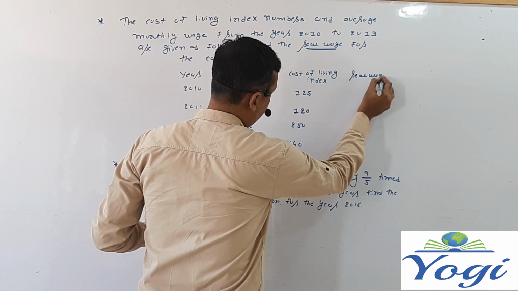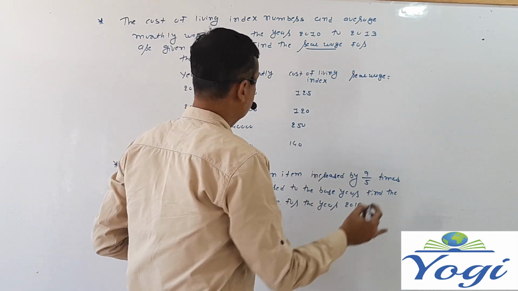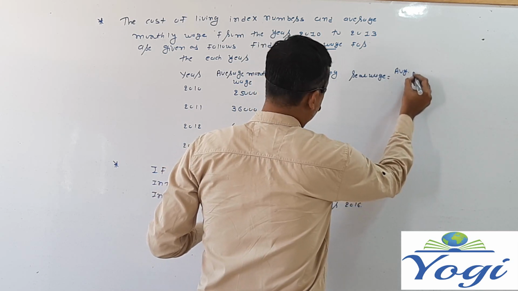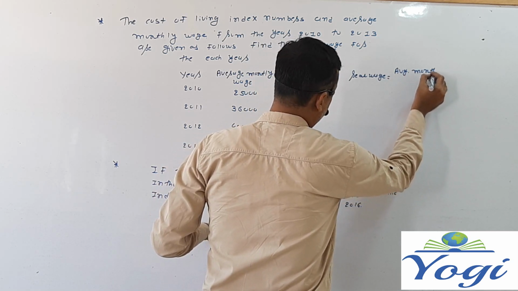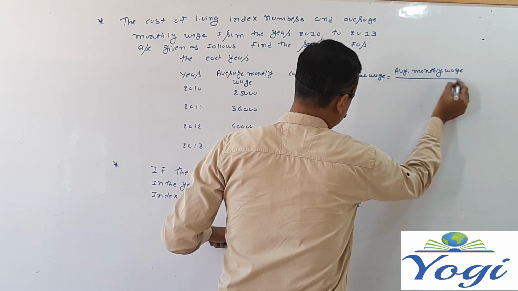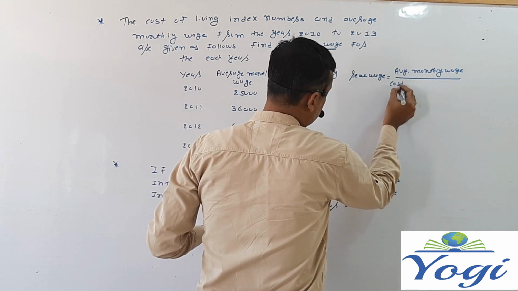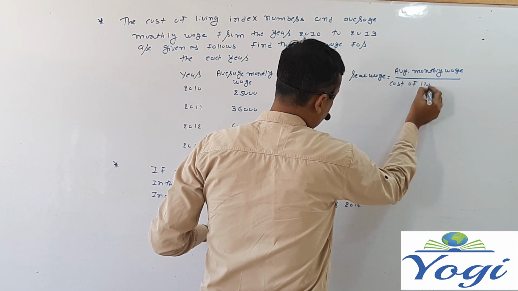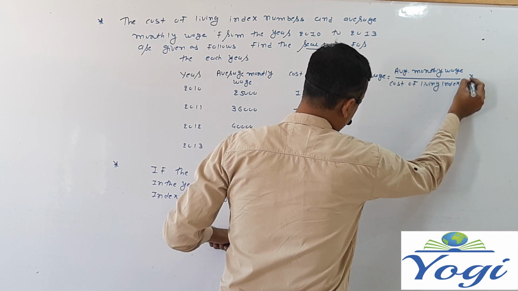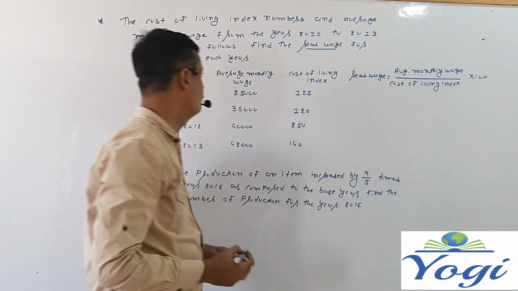So real wage is equal to average monthly wage upon cost of living index into 100.